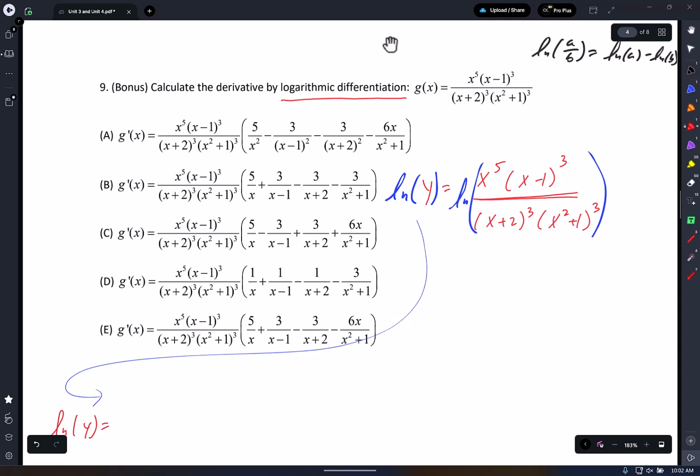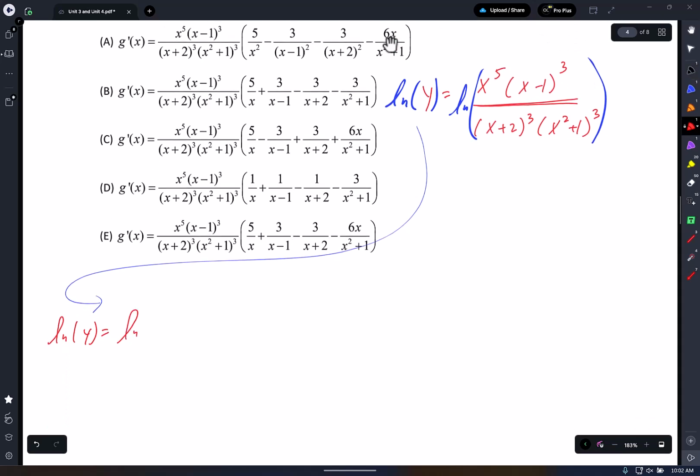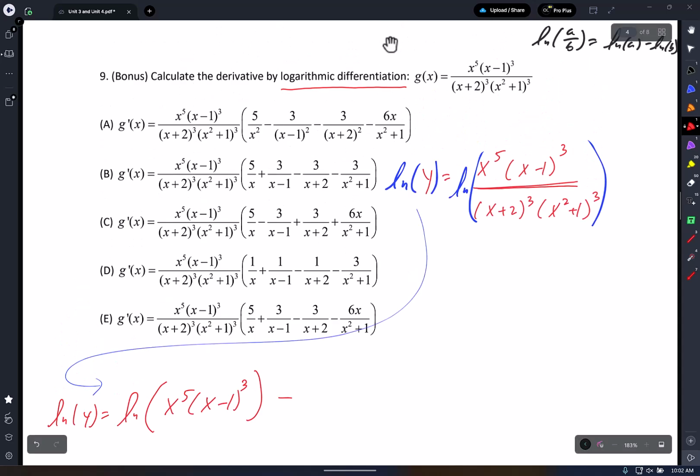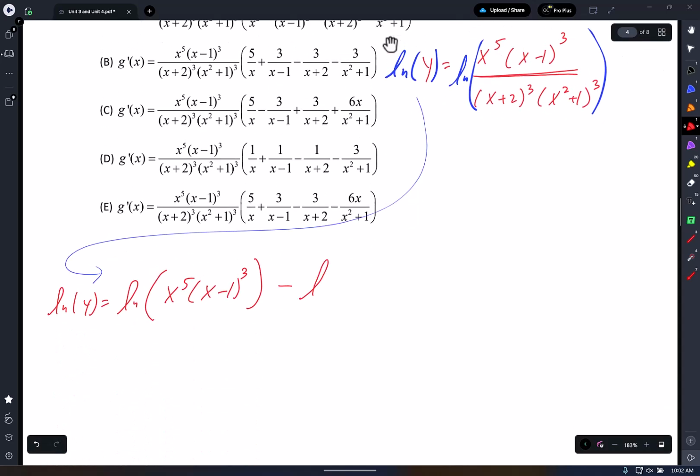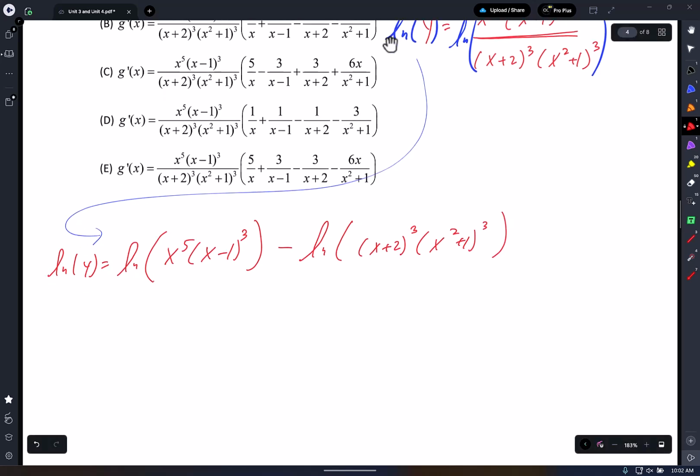So that's what I'm doing right there, guys. I'm going to go ln, giant parenthesis, x to the 5th, (x minus 1) cubed, close, minus ln of (x plus 2) cubed, (x squared plus 1) cubed. So that's what I wanted to see there.